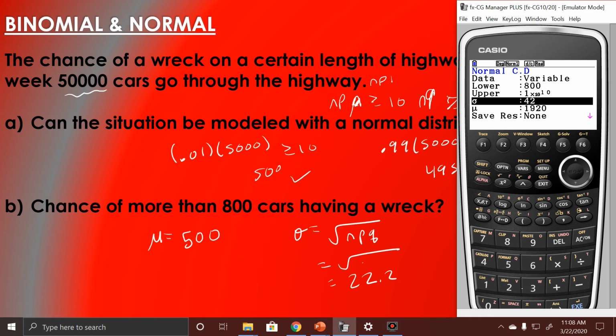And our standard deviation, 22.2, and our mean, 500. We'll execute that. So, very small. Yep, because boy, I chose really bad numbers here.